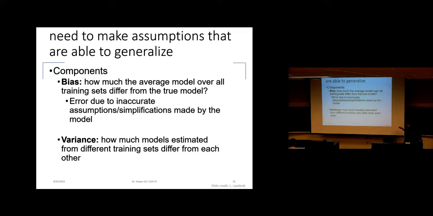And variance is how much the model estimated from different training data differs from each other. If you have some changes in the training data, how does your model vary? This is the property called model variance. Model bias is how your model on average differs from the true model.